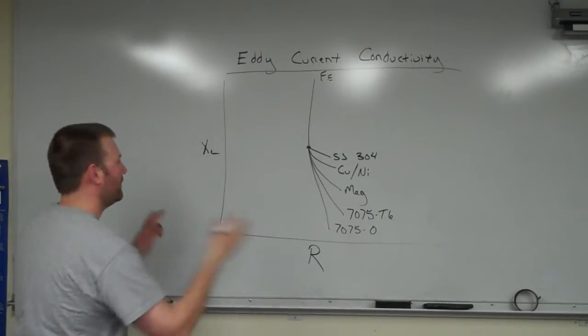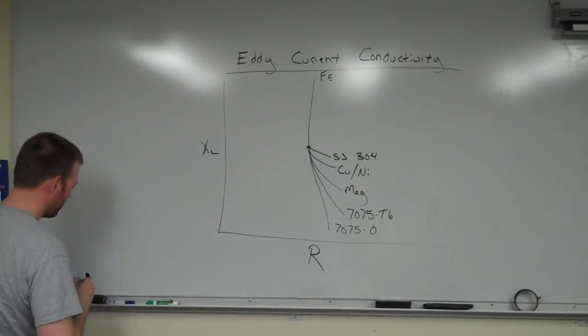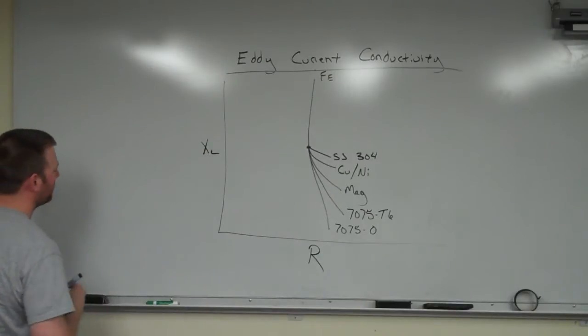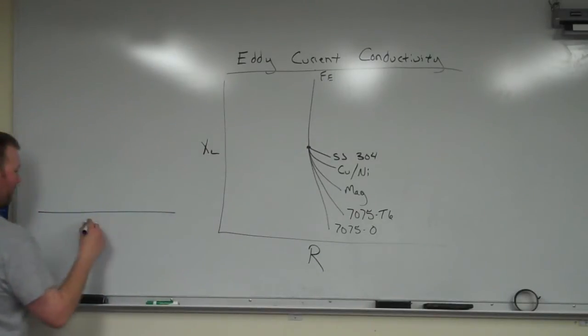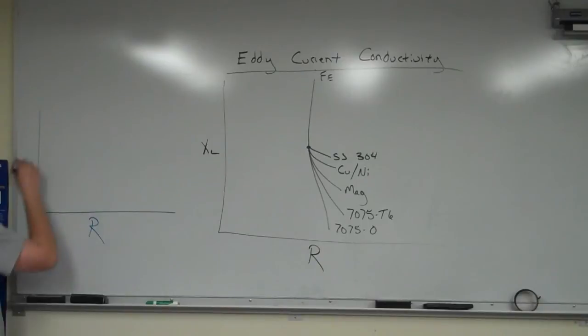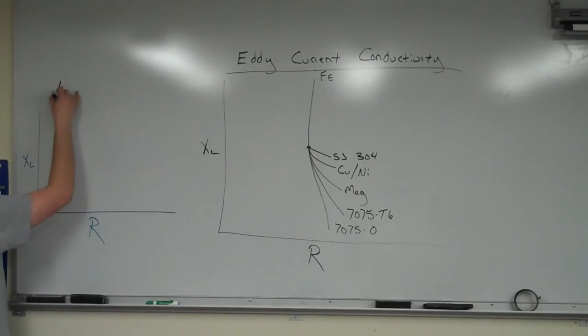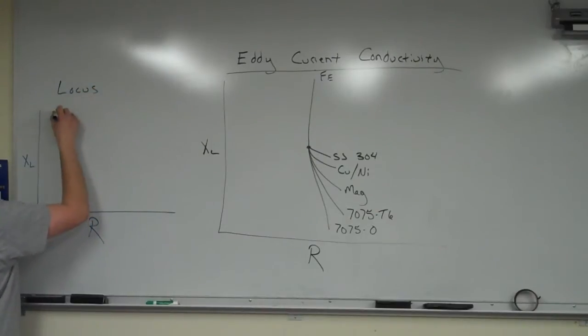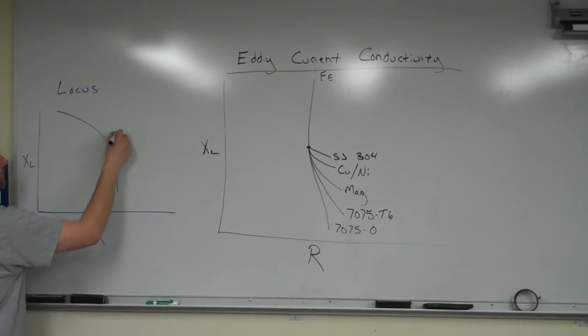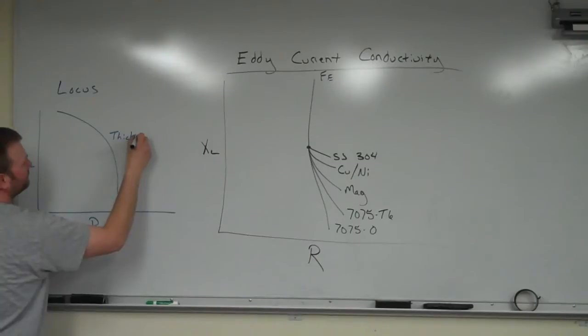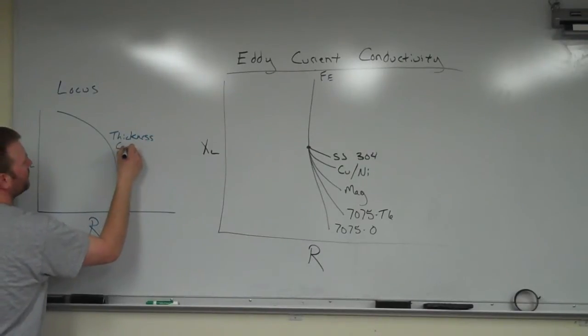I'm going to move over here just to bring your mind back around to the fact that if you've got a vector diagram with resistance over here, inductive reactance over here, and we were looking at the locus curve, this would be our thickness. That's not a true thickness line, but it can still represent it.